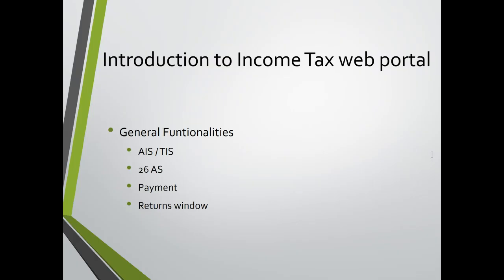The remaining things we will discuss in the meantime. Afterwards, we discussed the AAS, TAS, 26AS, payment and returns window. All those things we have discussed. So my session today is over.